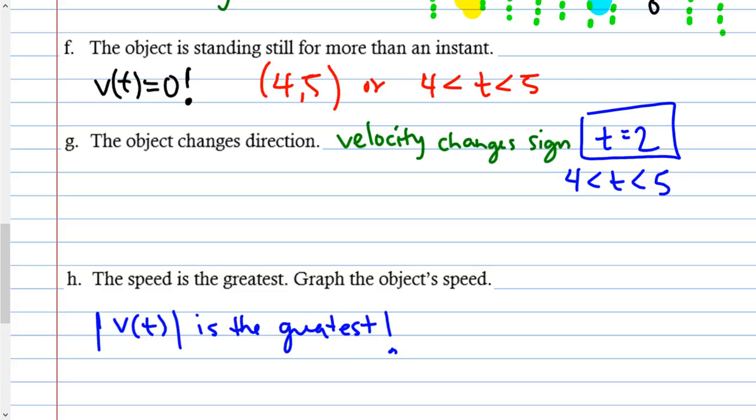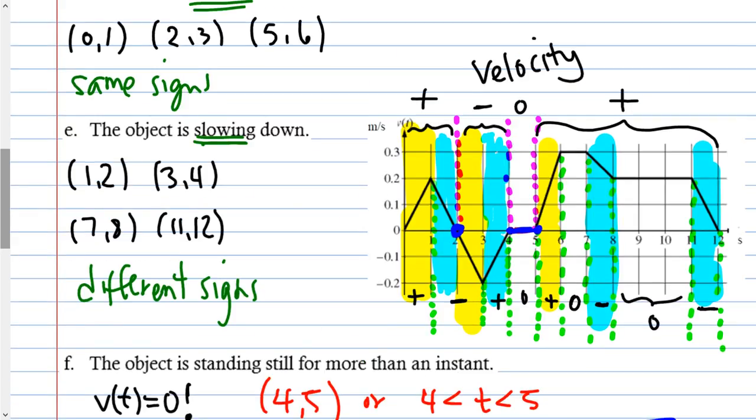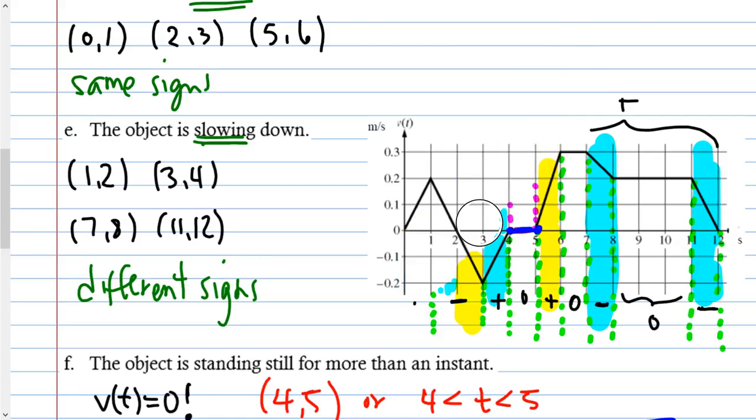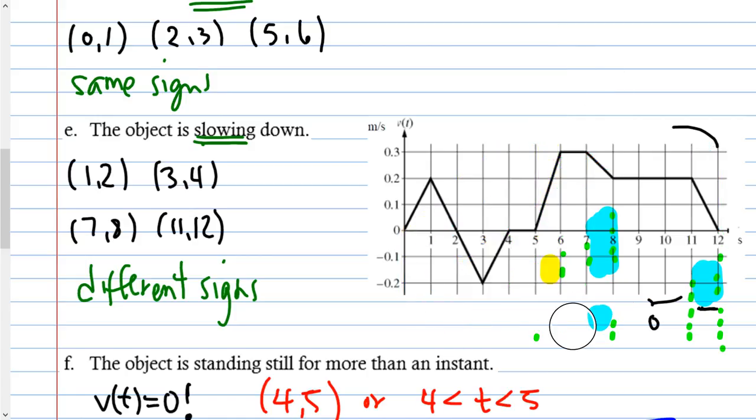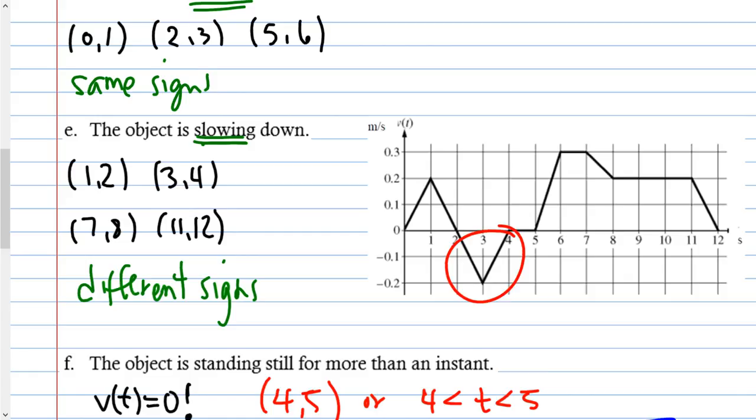So, easy way to find this is to look at the graph. And I'm going to erase all of this, by the way. Okay. So an easy way to do this is to flip parts of the graph that are below the x-axis above. So this right here needs to reflect over to the top of the graph.